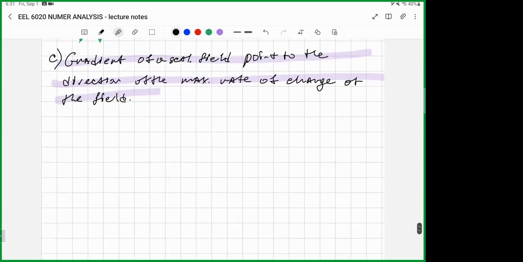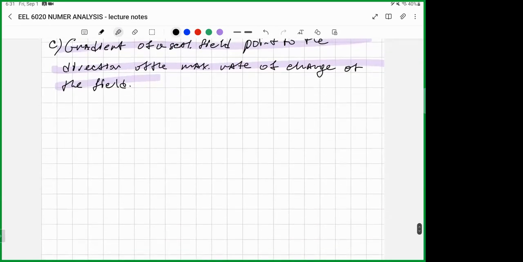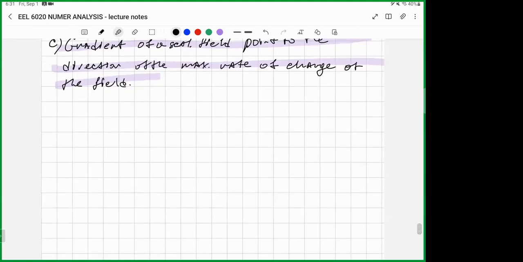Okay. So let's prove that. The proof is very simple. Let's consider a field, and the field is a function of the coordinate, of the radius vector, right? And for this field, we can find the gradient, which can be denoted like this.